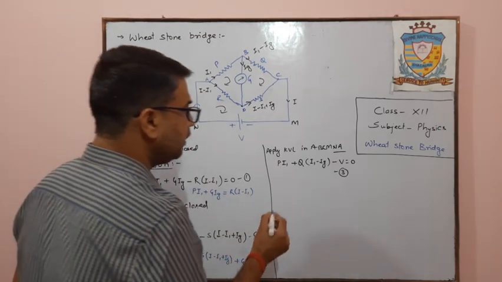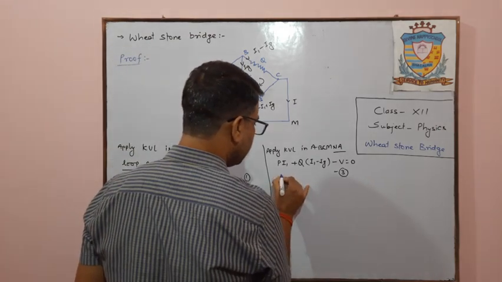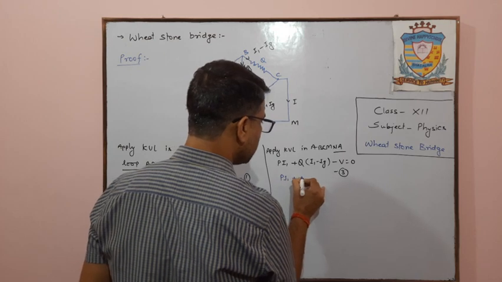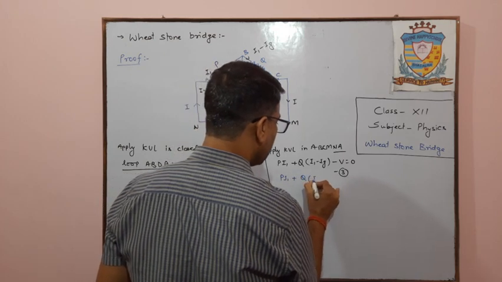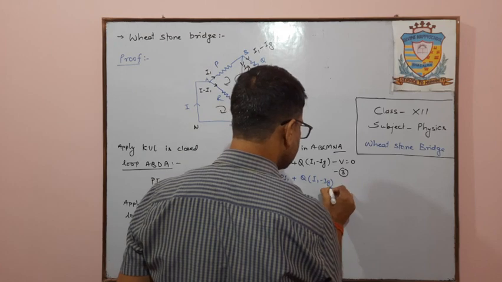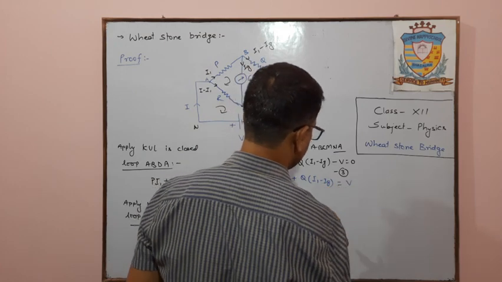Okay, and third, P I1 plus Q(I1 minus Ig) is equals to V.